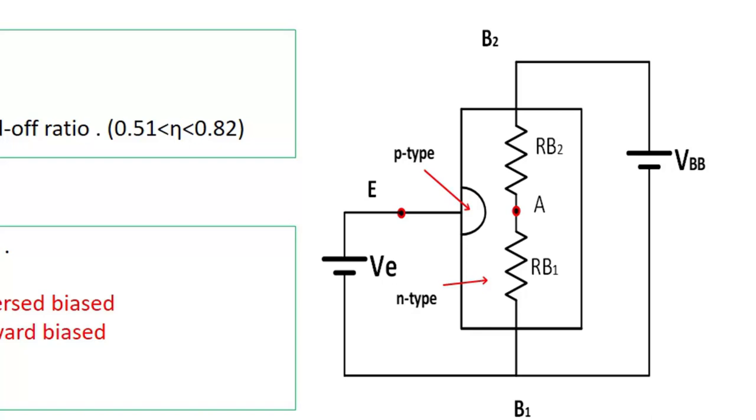So you can see that if the PN junction between the P-type doped material and the N-type base is forward biased, then the UJT will be on. During that time, the potential of AB1 reduces.